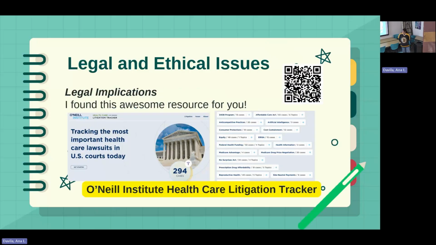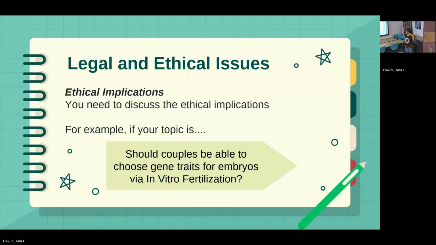So for ethical implications, again, you're gonna take out this critical thinker cap, you're gonna put it on, and you're gonna discuss the ethical implications, right? So for example, if your topic is, should couples be able to choose gene traits for embryos via in vitro fertilization? Who has this topic? What are the ethical implications?